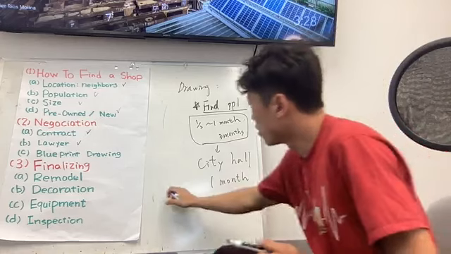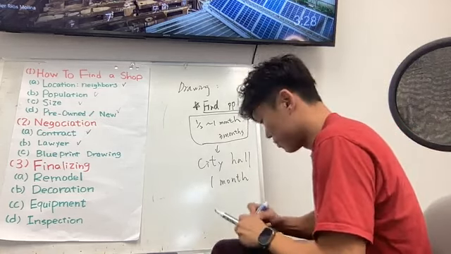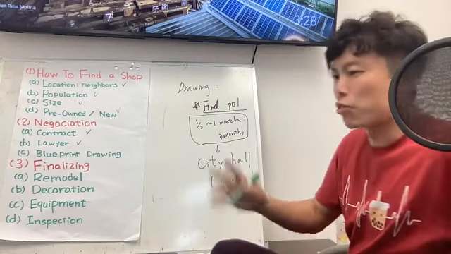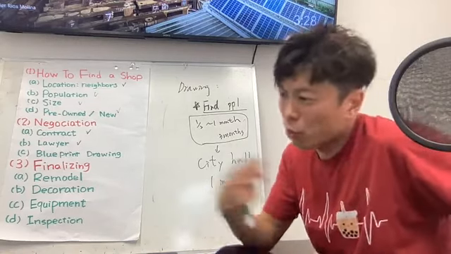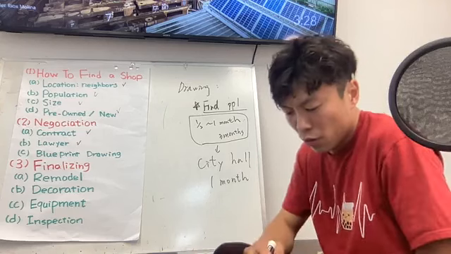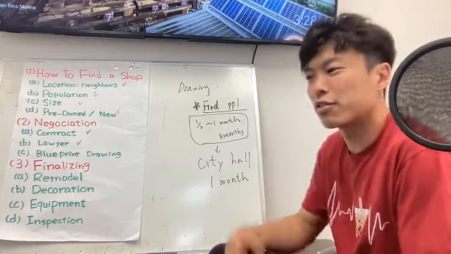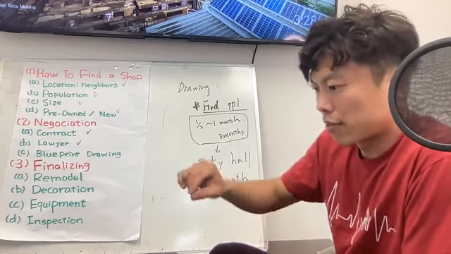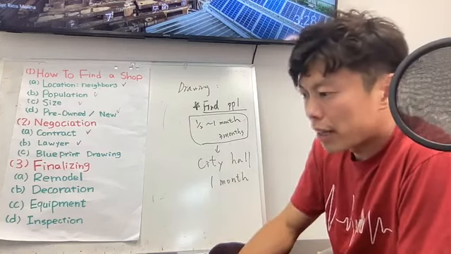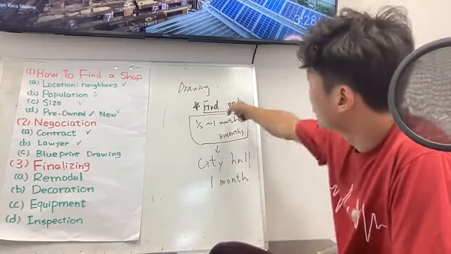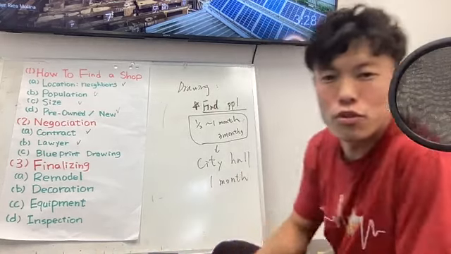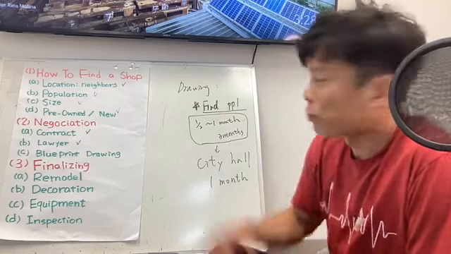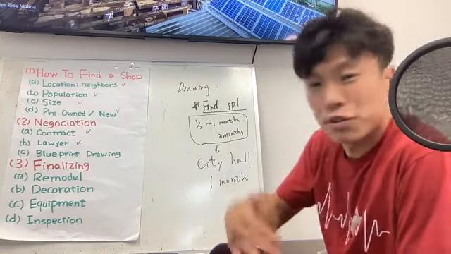So if you see a shop that's so good and you want it, you talk to the landlord. The landlord says, no problem, let's go inside to take a look. They will give you the password for the door lock, and then you can find an architect or someone to draw for you at that moment. So you can bring that person to the store before you sign any contract.